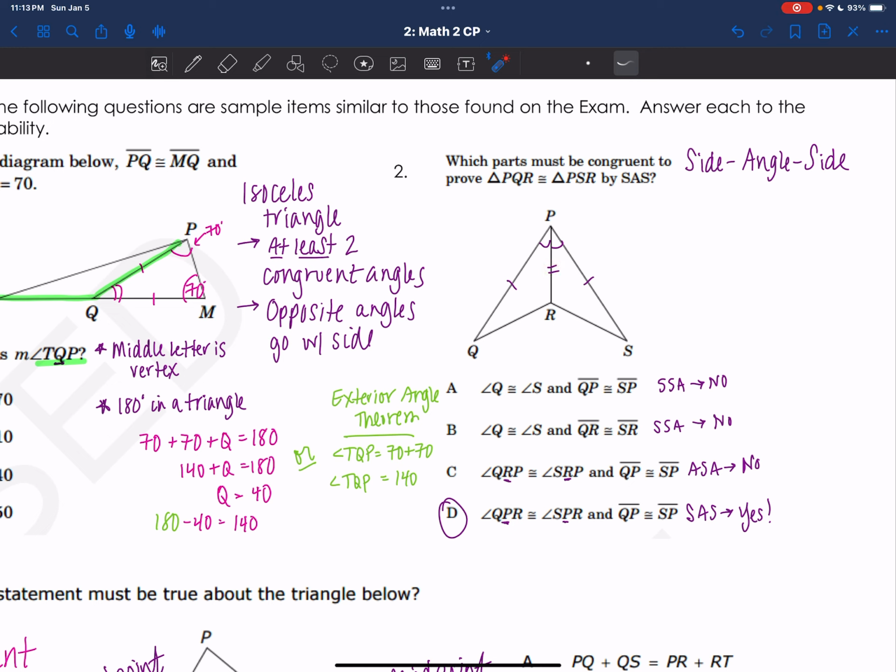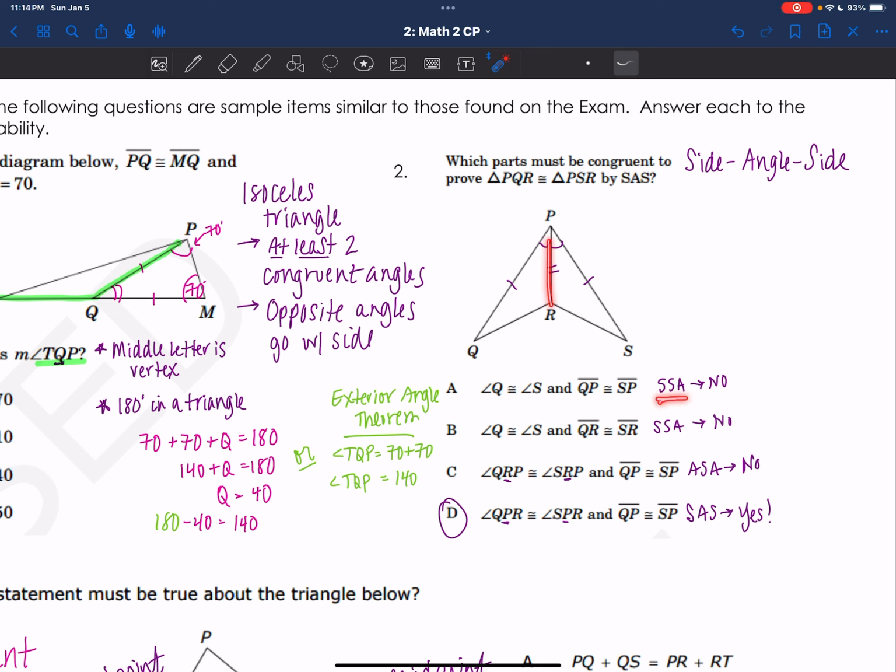So that's going to give us two sides and an angle, and that's not what we want because it's not in the right order. So you have angle Q, angle S, so that's angle, and then it's going to give us a side and then a side.